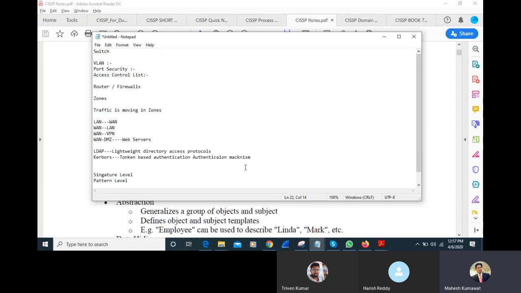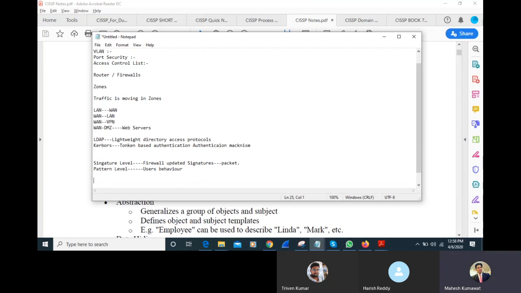Signature level means the signatures inside your firewall, the updated firewall signatures, which decide whether we need to block or allow the packet. Another thing is pattern level, which is behavior based, or user behavior.